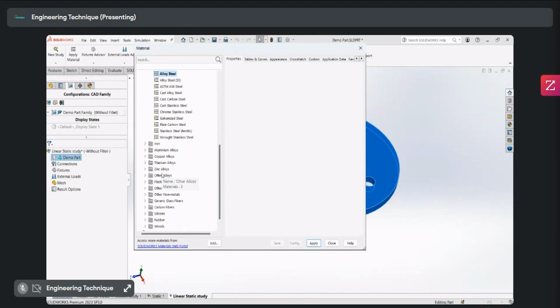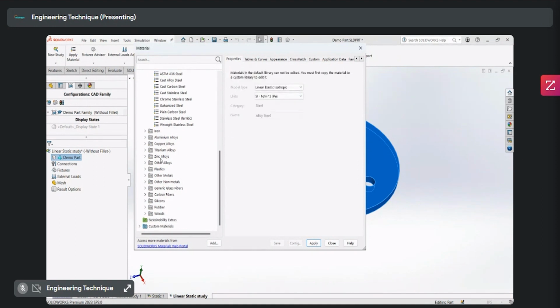These are the popular metals used in various operations. In the simulation, non-metals are also there, like plastics, glass fibers, rubber, silicones, and woods. And if you have a customized material, then you can define your own at this step.